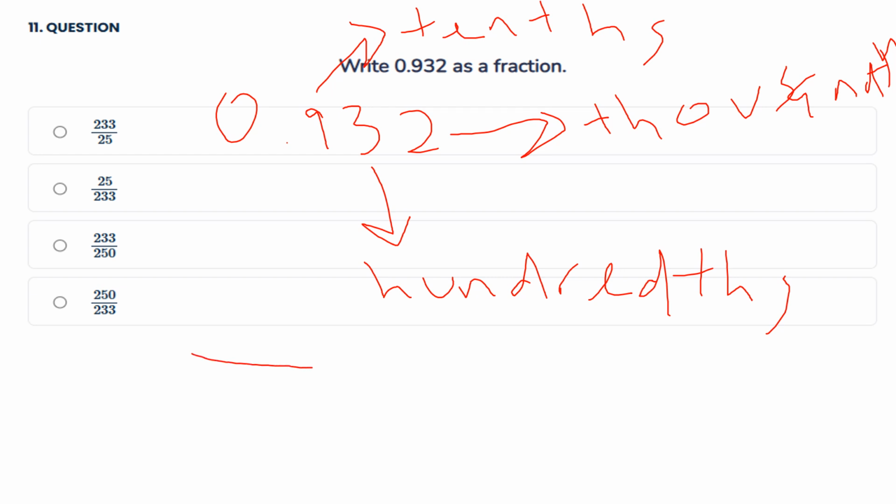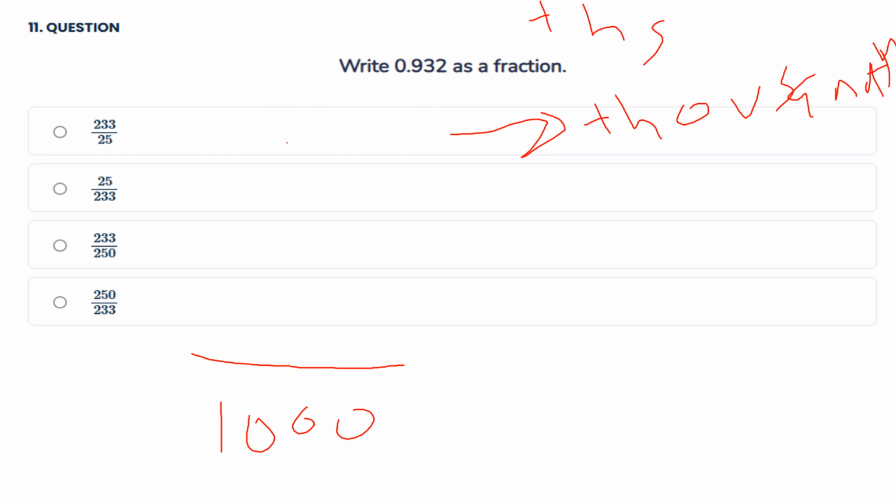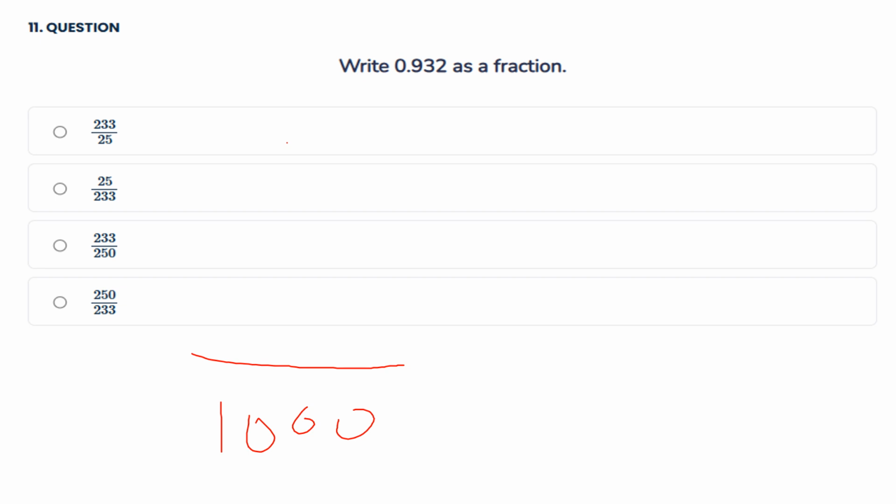So I'll put 1000 here. All right, and then I just put the number in the numerator.